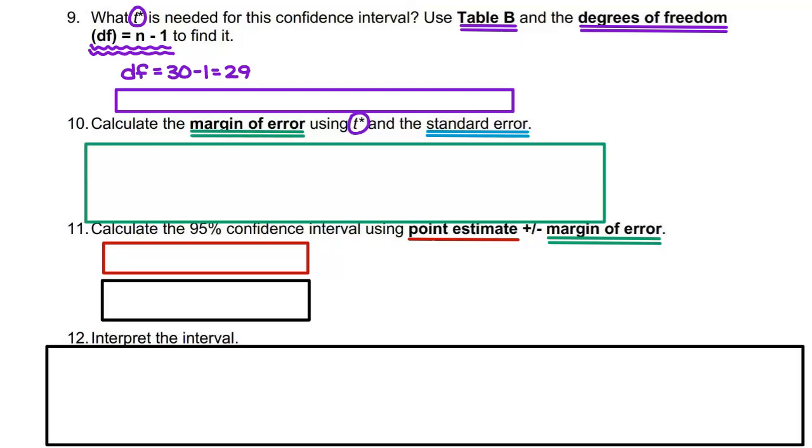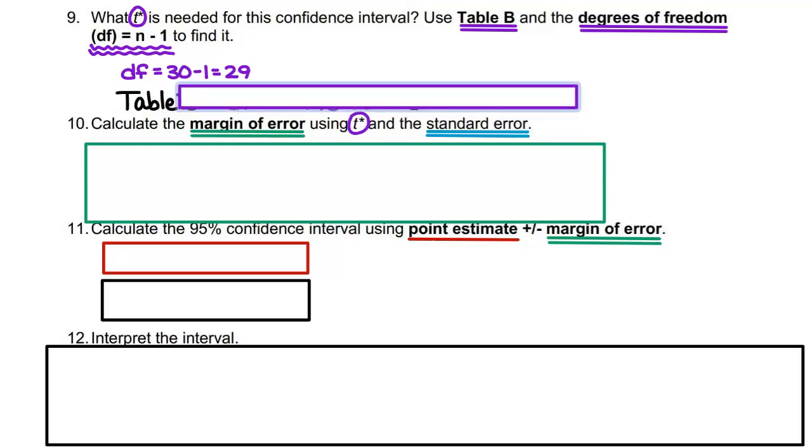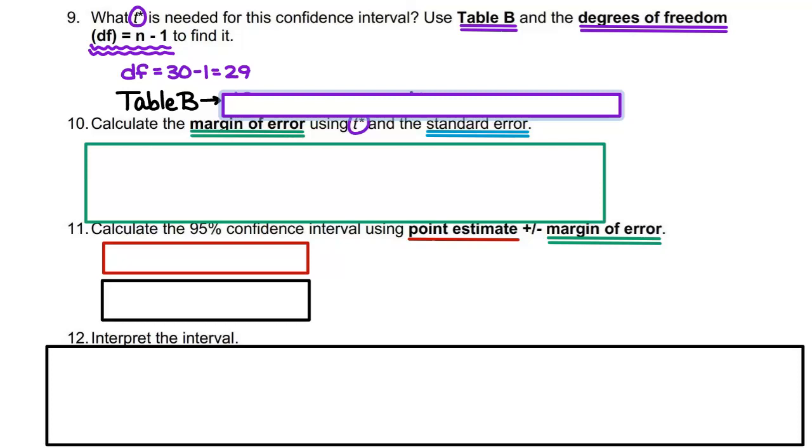So let's go find T star. We're using what's called table B. That last piece of paper, our T distribution, is table B. I want you to find 29 degrees of freedom, and we're going to do a 95% confidence interval.